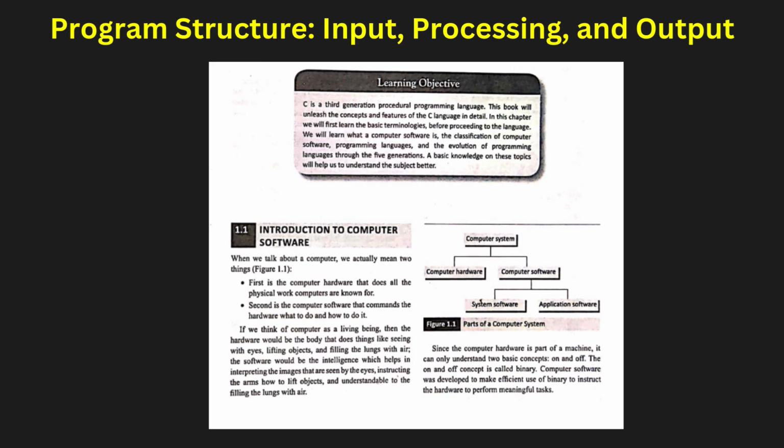Understanding the IPO is crucial for writing effective programs in any language. For example, in a simple addition program, the user inputs two numbers, the program processes them and the output displays the sum. So mastering the IPO, input, processing and output, helps in writing clear, logical and maintainable code.